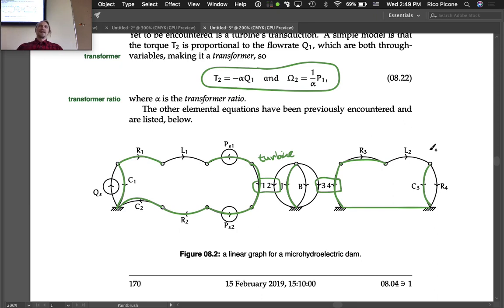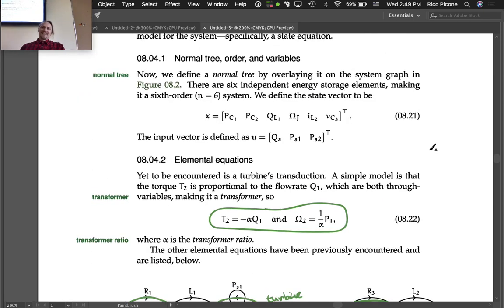And then we could select the state variables to be the across variables of A-type branches and the through variables of T-type links, which gives us 6 variables.